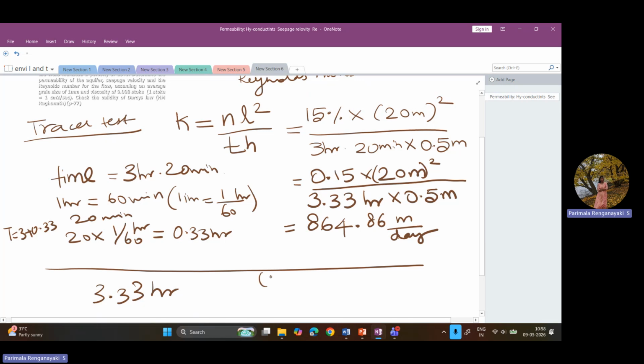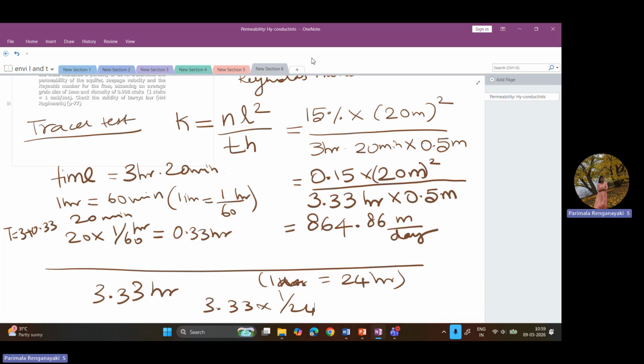We know 1 day is equal to 24 hour. So here you can convert 3.33 into 1 by 24. All the conversion you can do. We got 864.86 meter per day as our hydraulic conductivity.